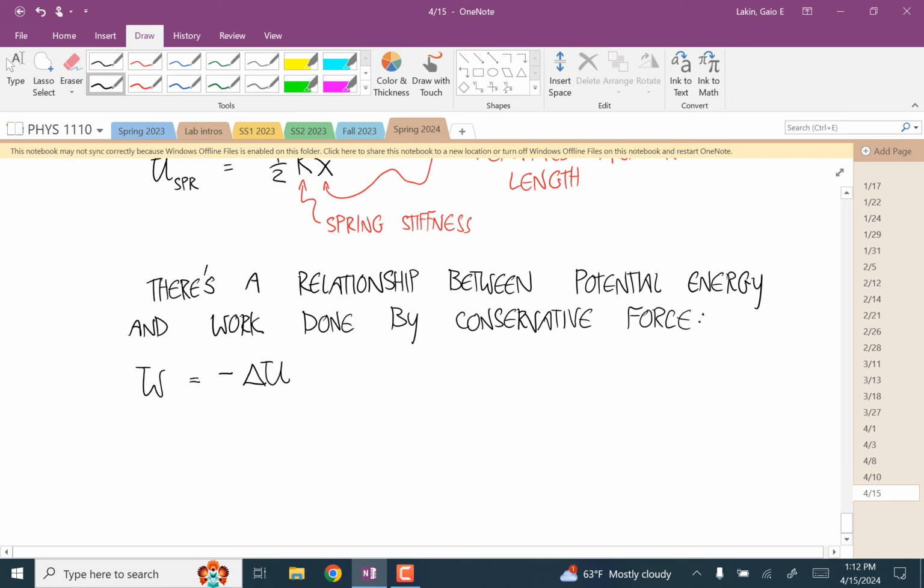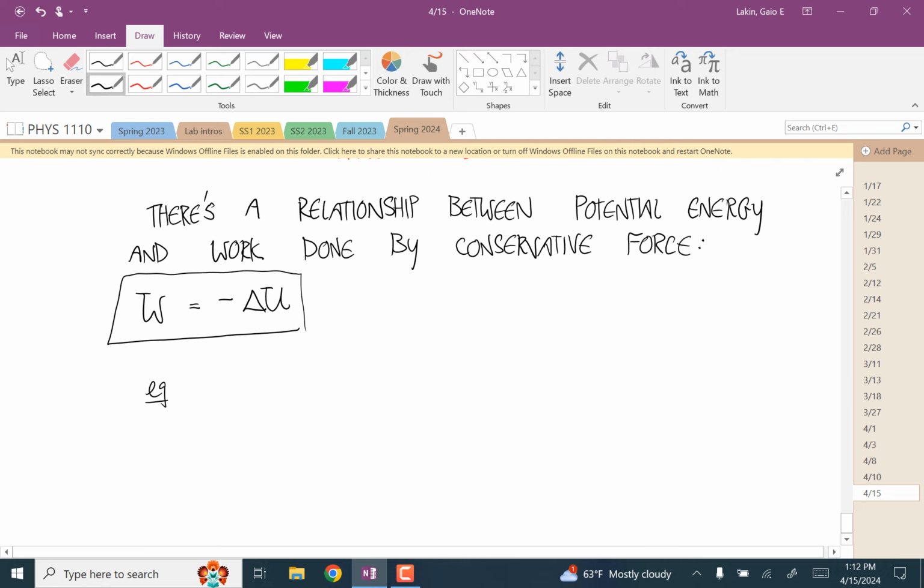Okay? So if an object's potential energy goes up, then negative work is done and energy is taken away from the object. If the potential energy goes down, energy is added to the object. So let's think about that in terms of gravity.